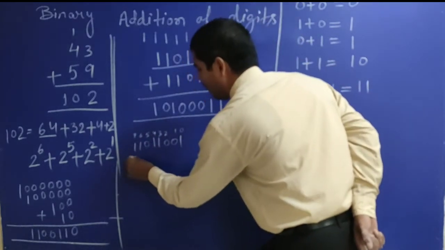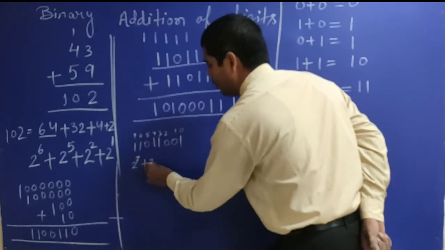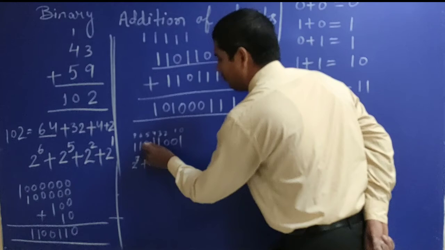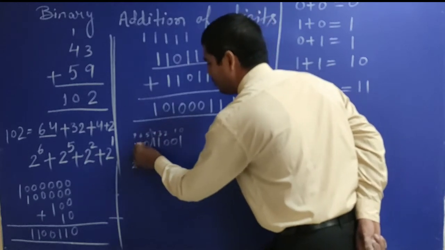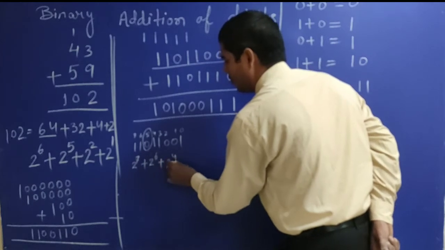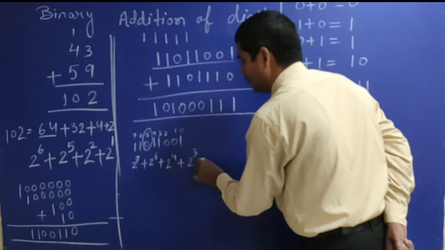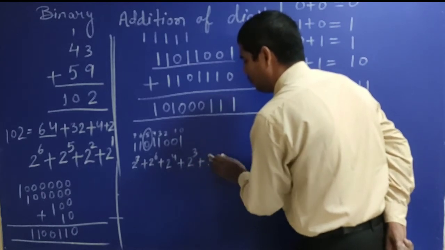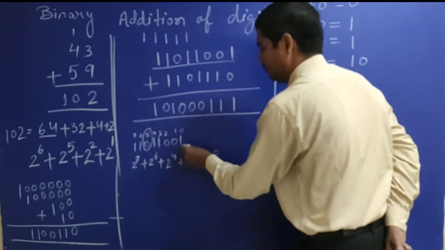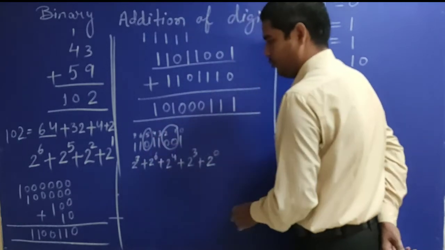Now it becomes 2 to the power 7 plus 2 to the power 6 plus 2 to the power 4 plus 2 to the power 3 plus 2 to the power 0, and the other parts will become 0.